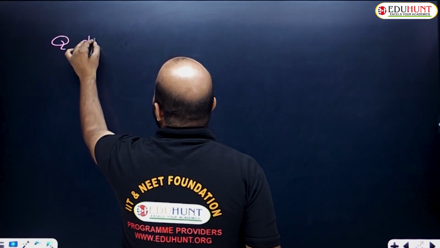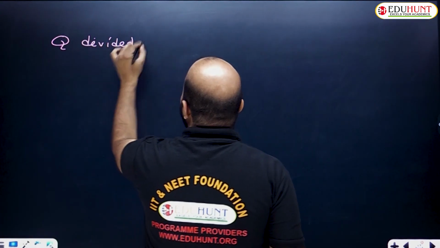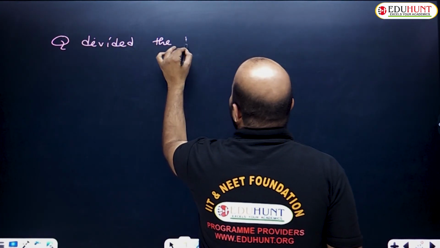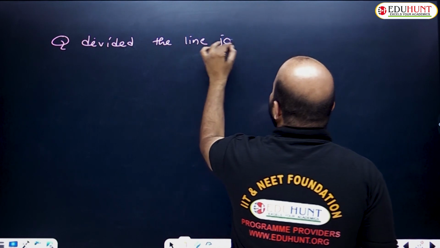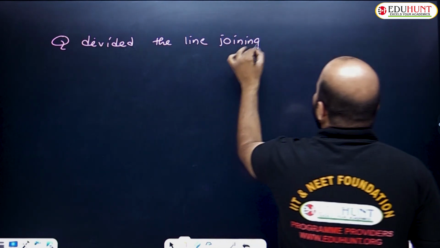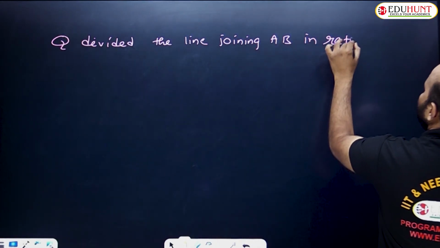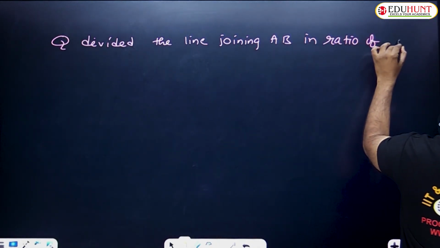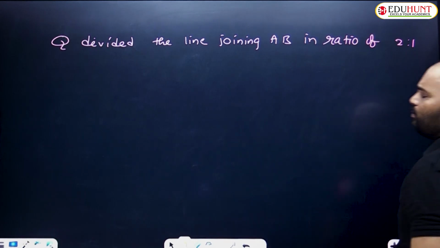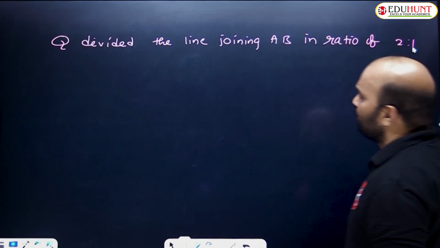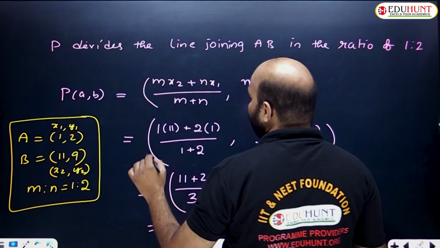So what is the next condition? Q divides the line joining AB in the ratio of 2:1. P is 1:2, Q is 2:1. Clearly we need to verify it.